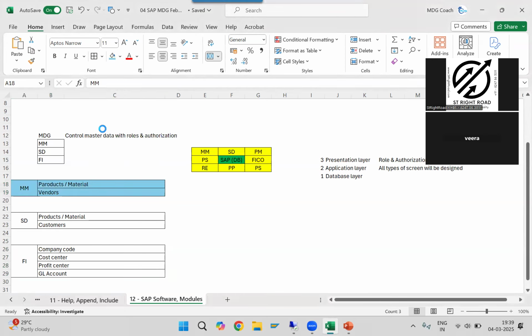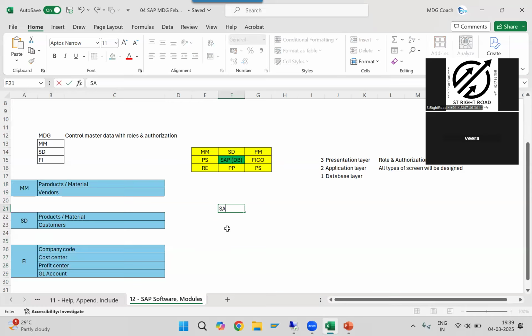Okay. Next, we have seen modules, where the master data is going to be handled. Now, how are these modules important for MDG? Generally in SAP, we deal with two types of data. One is master data.